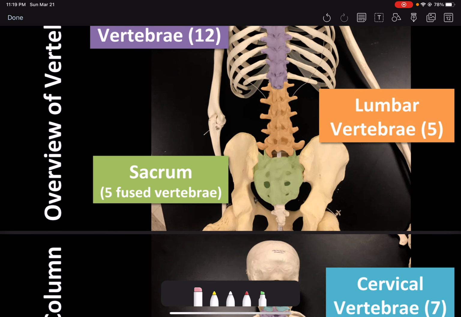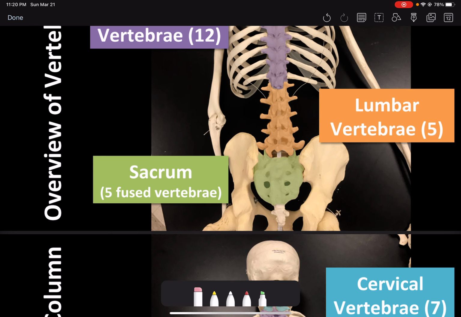I should say a better way to phrase this is, sitting just below these lumbar vertebrae is the sacrum. So the lumbar vertebrae sit atop the sacrum, and the thoracic vertebrae are going to sit atop the lumbar vertebrae, and then the cervical vertebrae are going to sit atop the thoracic vertebrae.